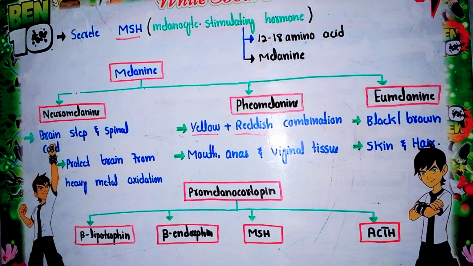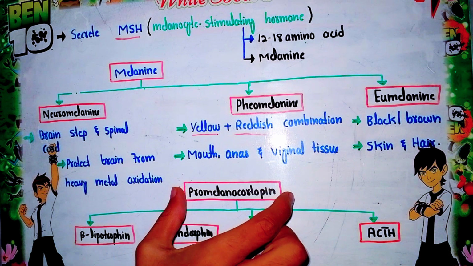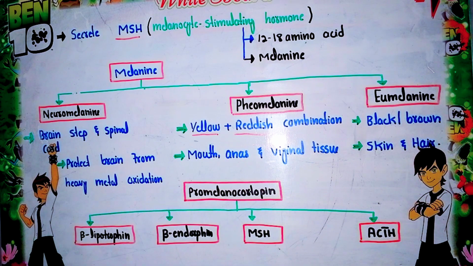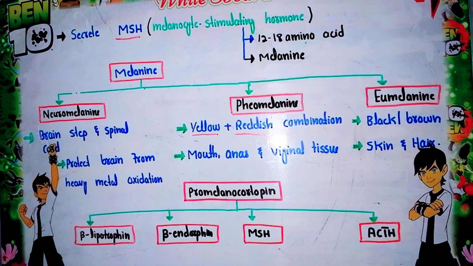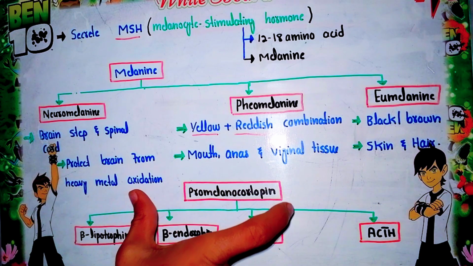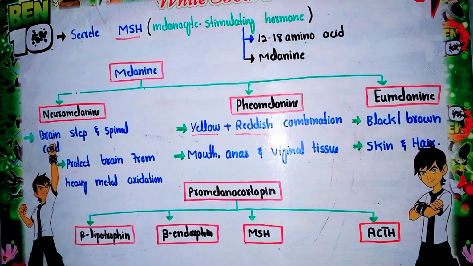This large polypeptide is called pro-opiomelanocortin. When this pro-opiomelanocortin breaks down, it produces some hormones. The first ones are beta lipotropin, beta endorphin, MSH (melanocyte stimulating hormone), and adrenocorticotropic hormone. These hormones are formed from the breakdown of this large polypeptide.